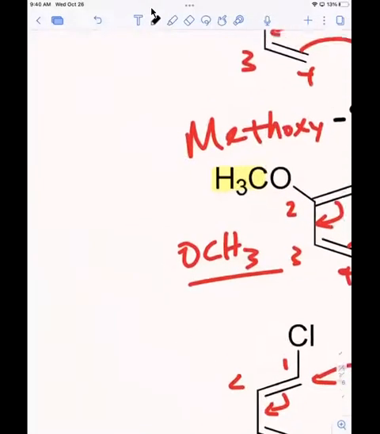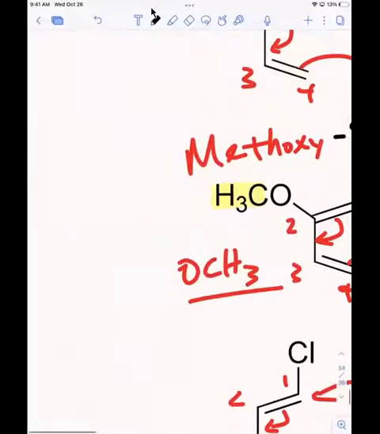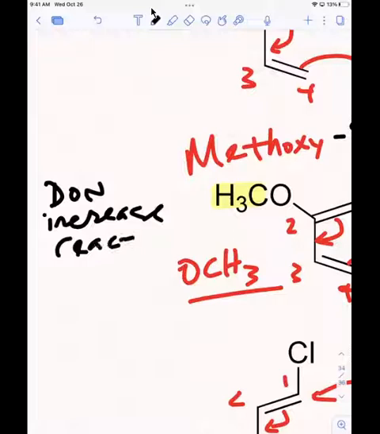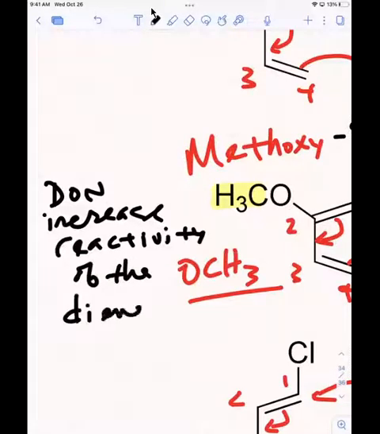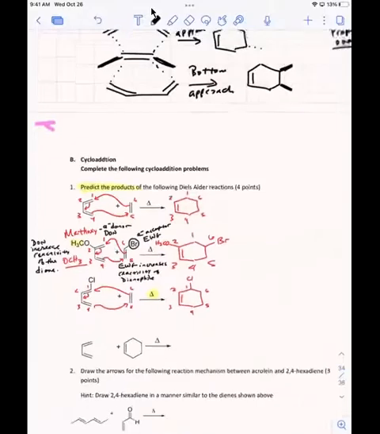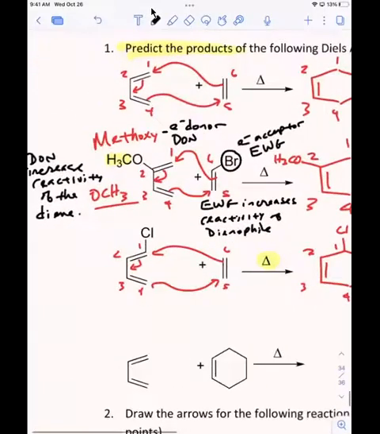So donors increase the reactivity of the diene. If electron withdrawing groups make the dienophile more reactive, donors make the diene more reactive. That's a common characteristic for the 4+2 cycloaddition.